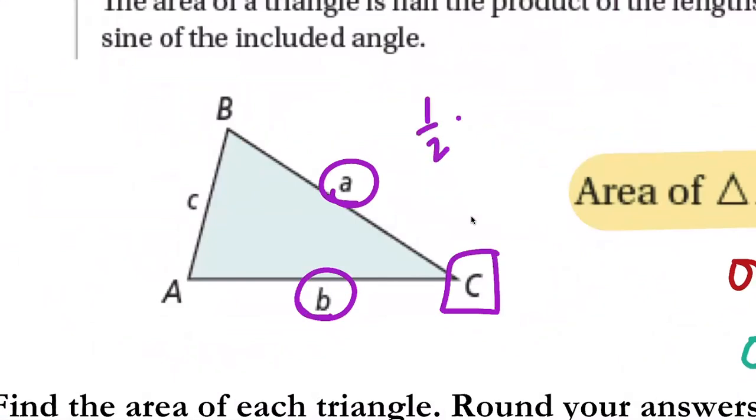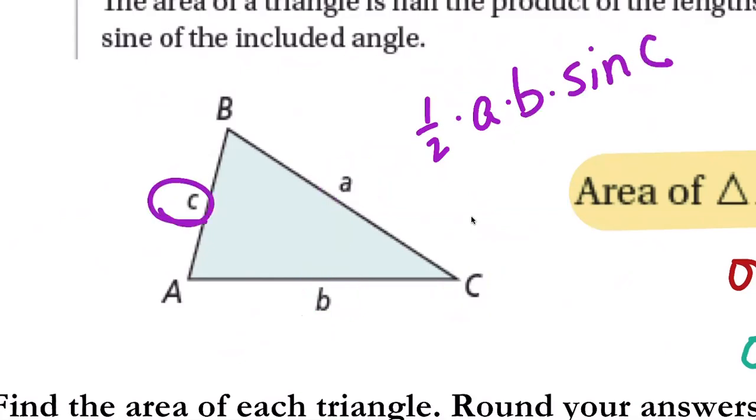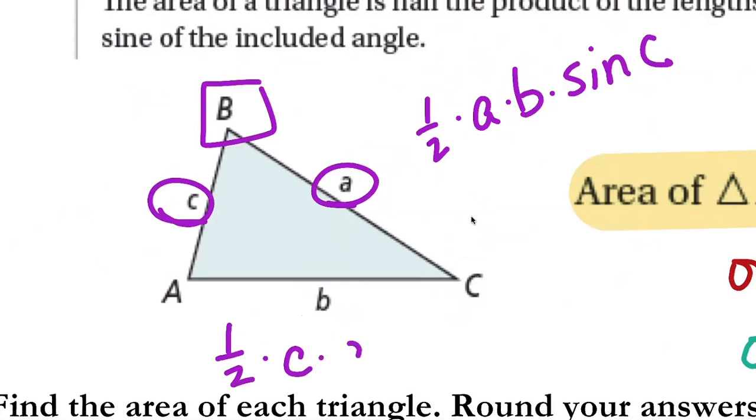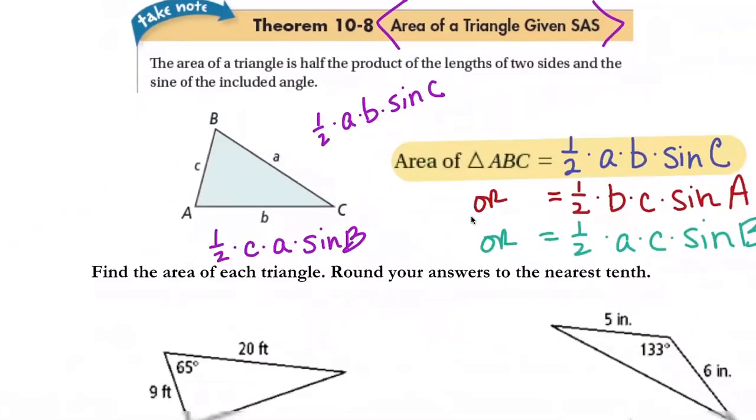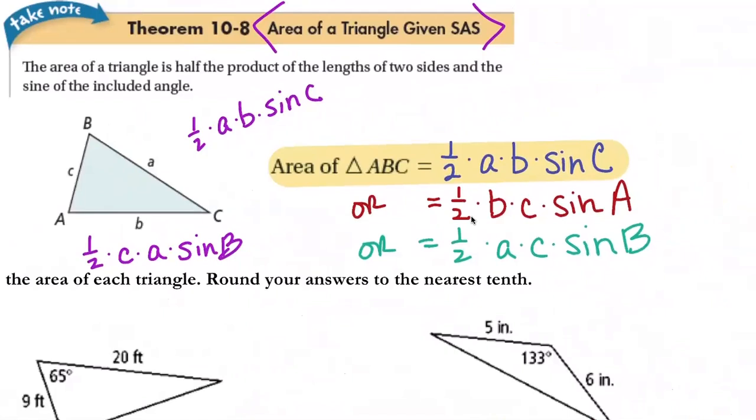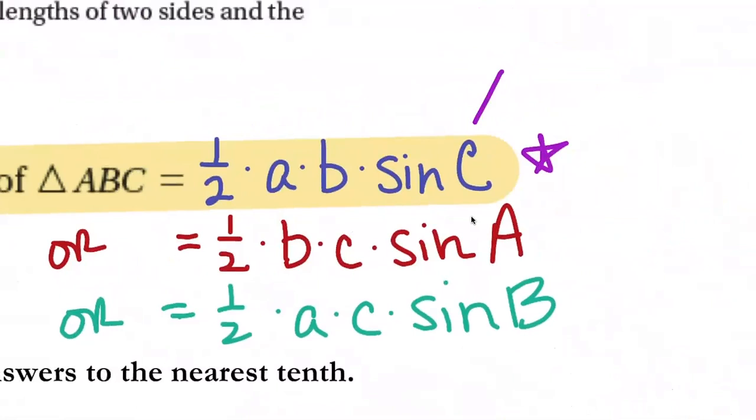So 1/2 times A times B times the sine of C. Okay, or we could do C and A with B. So 1/2 the C times A times the sine of angle B. Okay? Or we could do with the last pair of sides and it would look like that. Okay, so when you see me write down the formula, you'll probably see me write it that way most of the time. 1/2 AB sine C. And just remember that this has to be the included angle between the two sides that you're using.